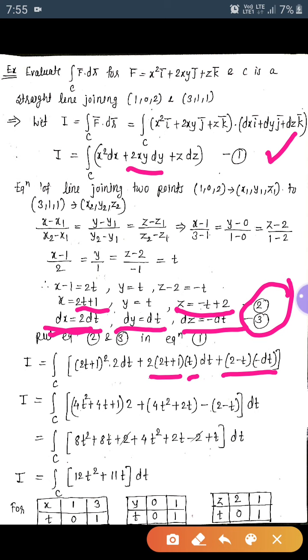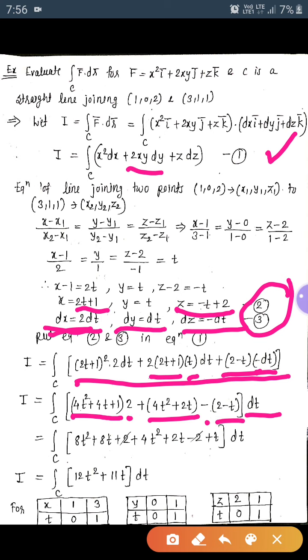Now the integral becomes integral over C. Simplify this: in all terms we have dt common, so we have taken dt outside. Simplify the remaining terms. (2t plus 1) whole squared is 4t squared plus 4t plus 1, multiplied by 2. Then 2 into 2t multiplied by (2t plus 1) is 4t squared plus 2t, and minus (2 minus t) into dt.